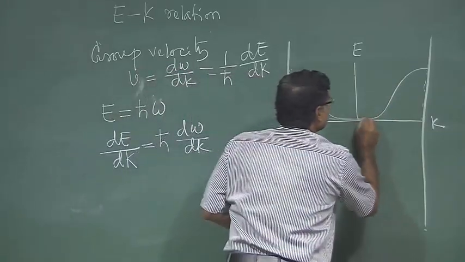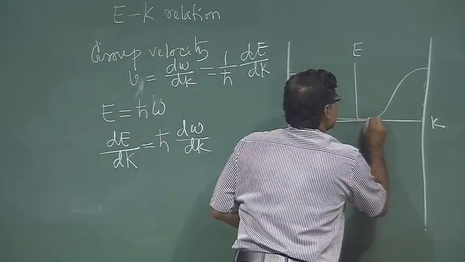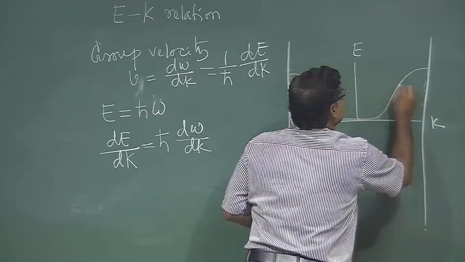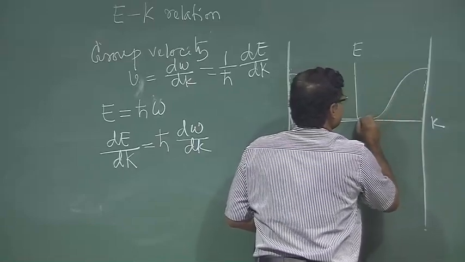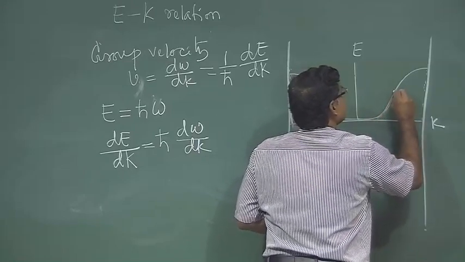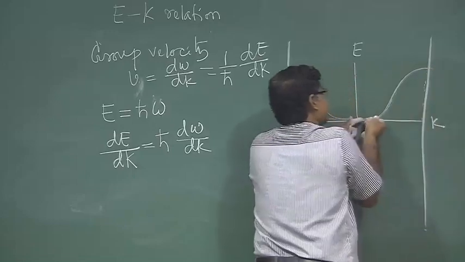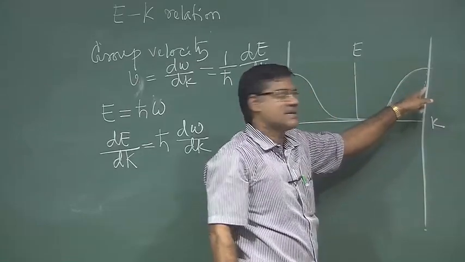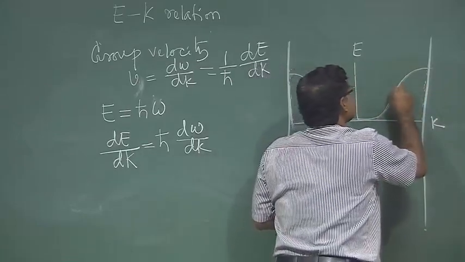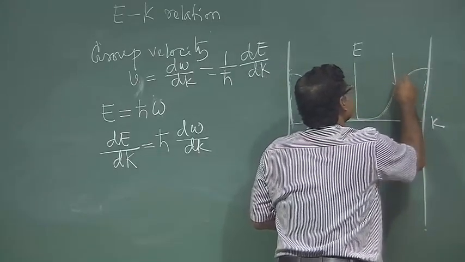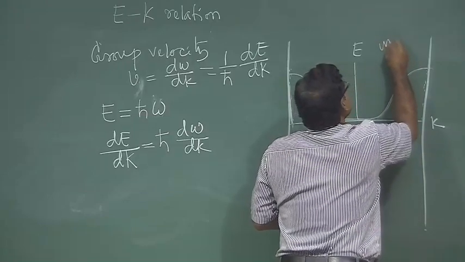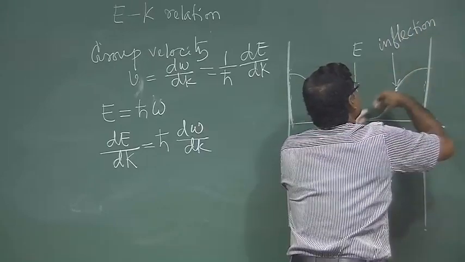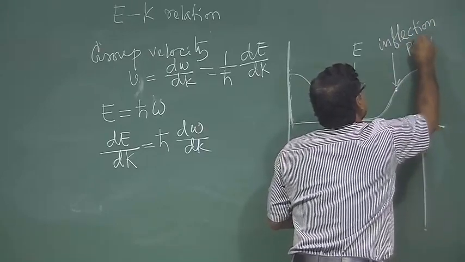Here the slope is 0, and then the slope is positive. Here is one curvature and there is another curvature. The curvature changes at this point, which is called the inflection point.